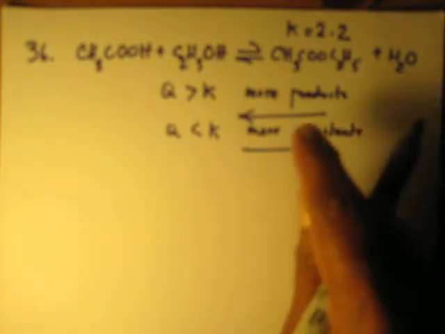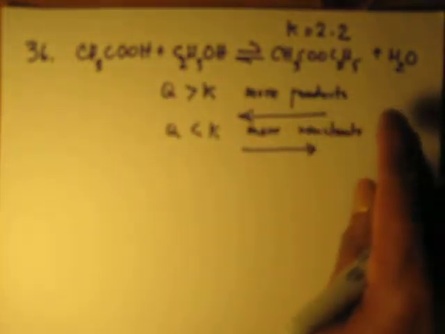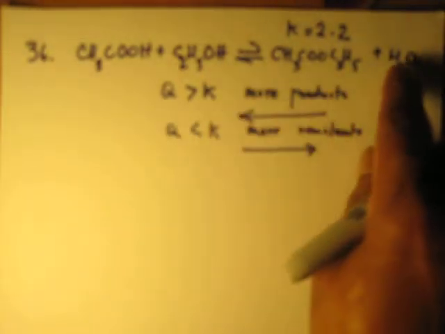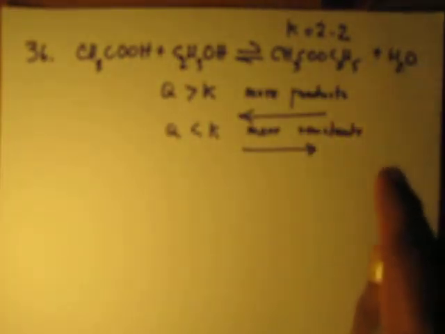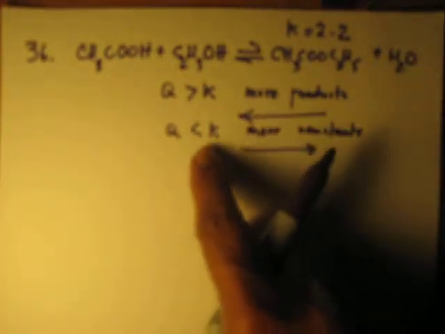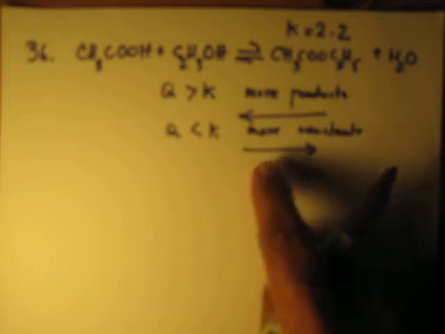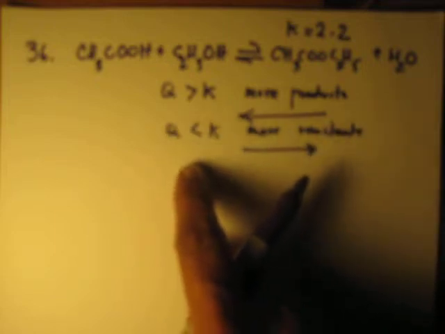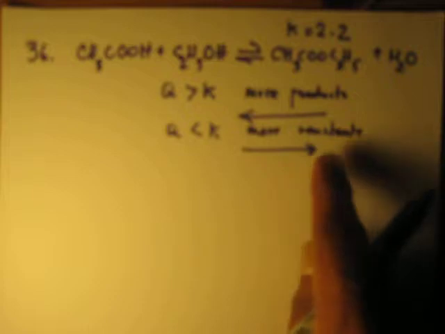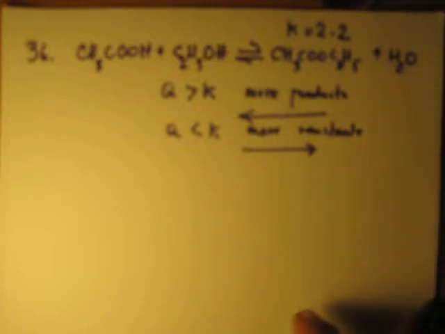So in the first case, if Q is greater than K, more products present and the reaction shifts to the left, meaning the concentration of H2O will decrease. Second case, more reactants present, which means the reaction moves to the right, so H2O concentration will increase.